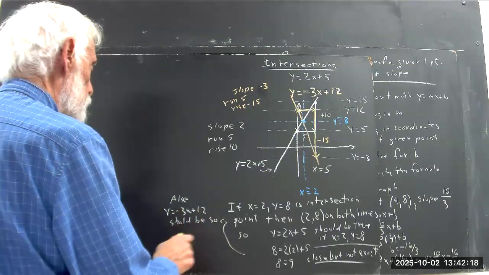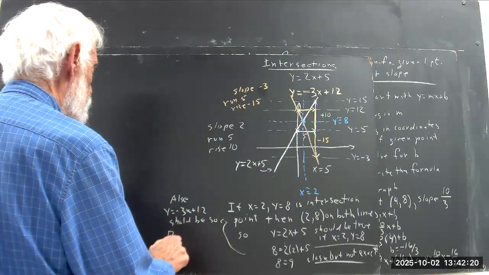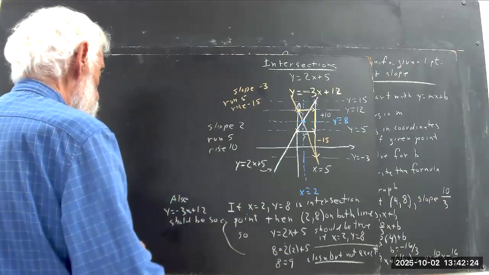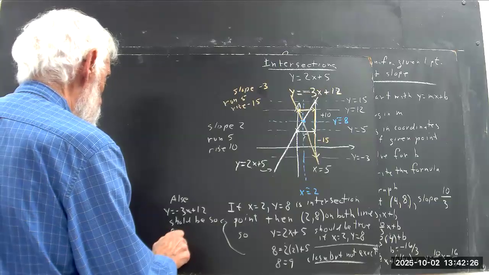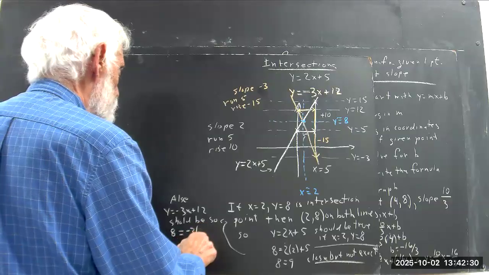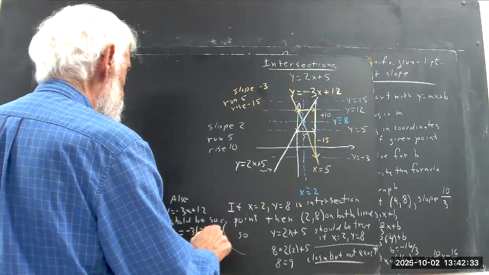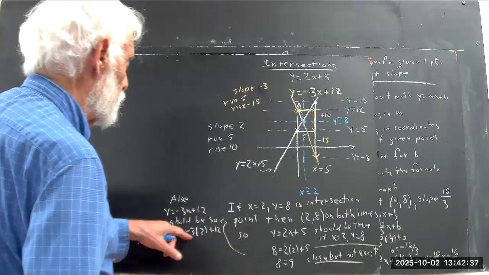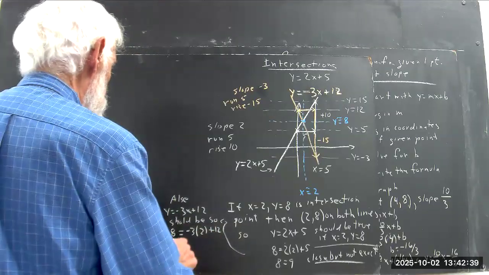Could be so. Plugging in 8, oh man, that's going to be a bad 8. Plug in 8 for y and 2 for x. 8 should equal negative 3 times 2 plus 12.